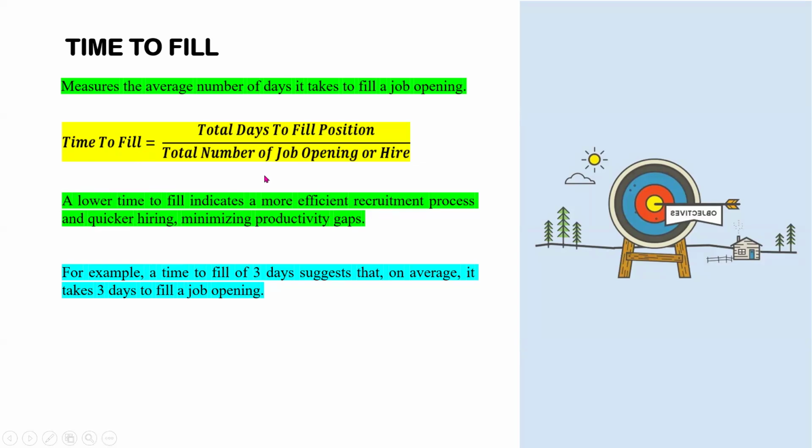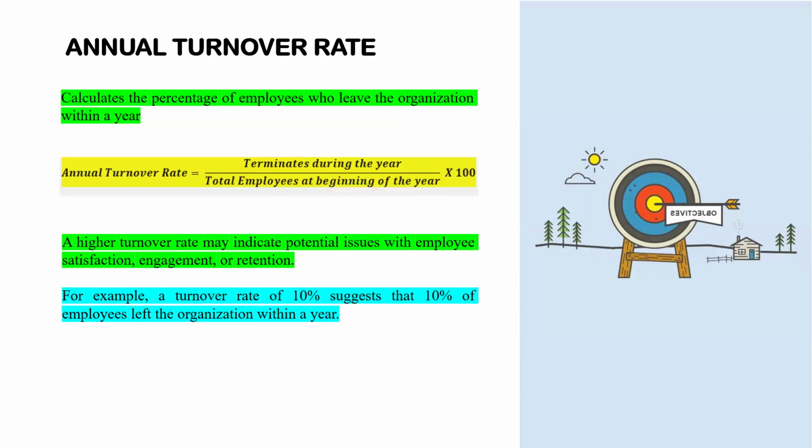Okay, so that means if you calculate it and you get a value like 3 or 2 or 4, it means on the average it takes 4 days for the company to advertise and then get someone to fill that space. Okay, so that is what we have over here to give you some kind of understanding of each of the performance indicators or the metrics.